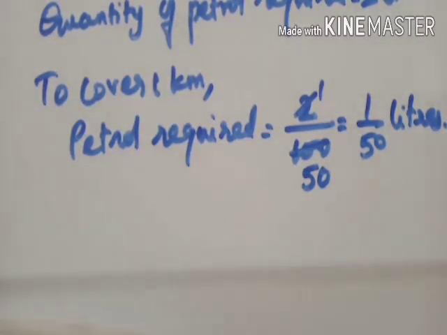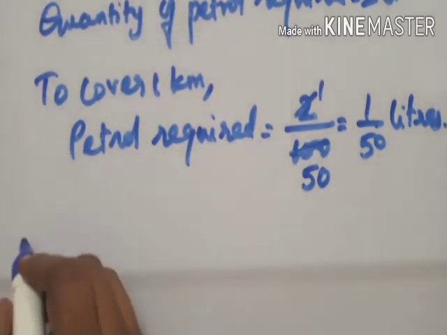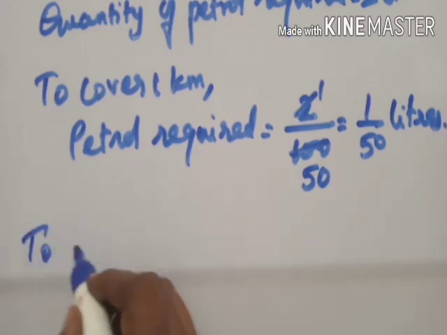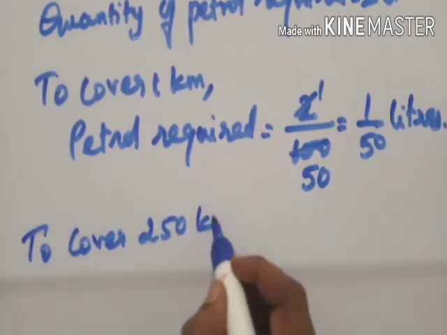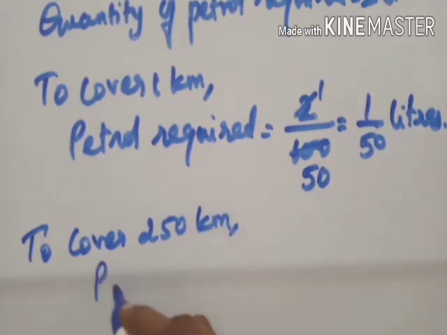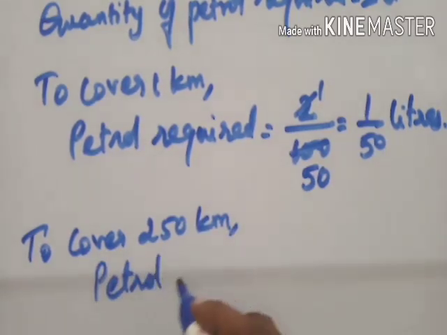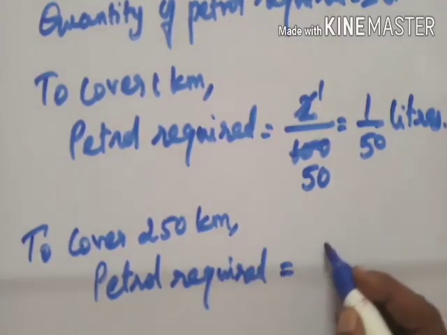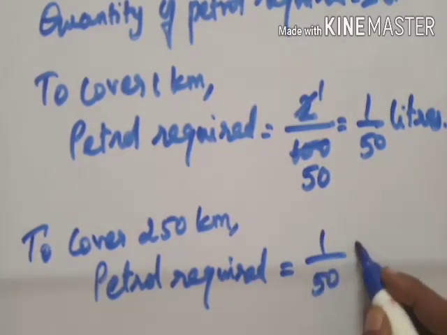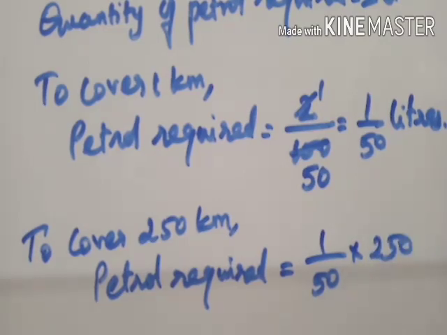Right. Next, what we have to find out? Our question is to cover 250 kilometers, petrol required is equal to 1 by 50 into 250.